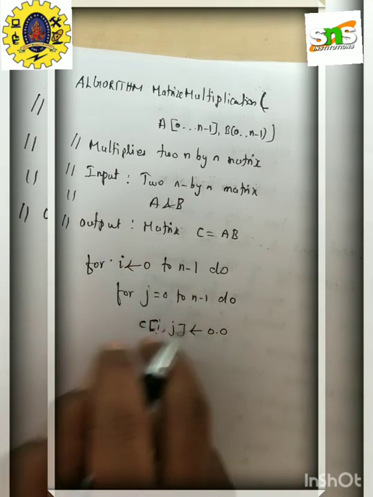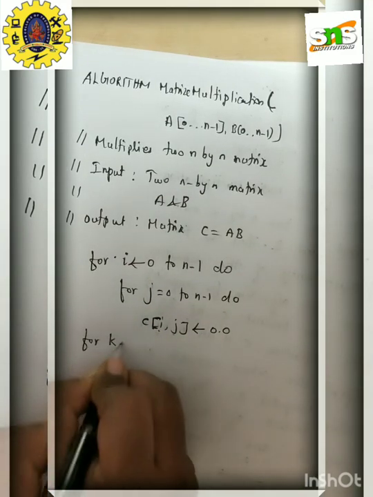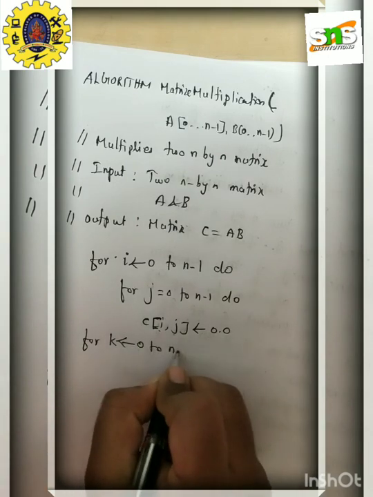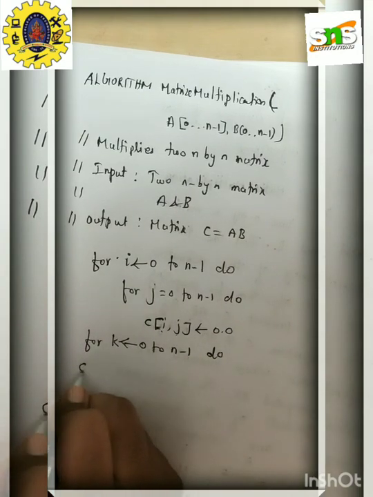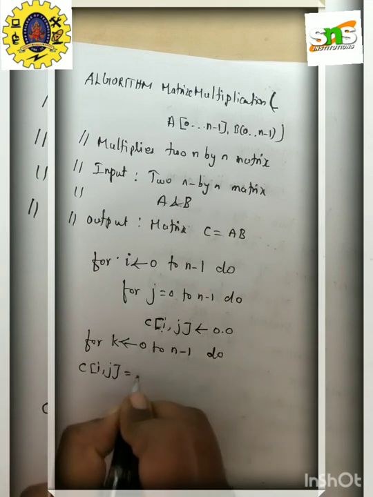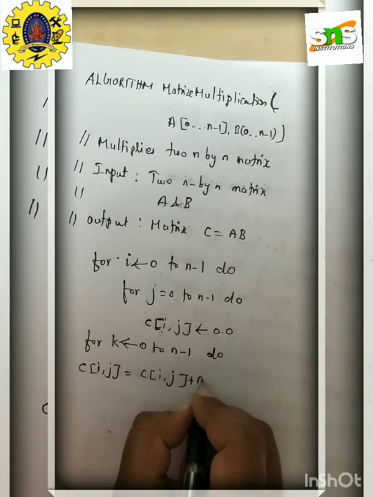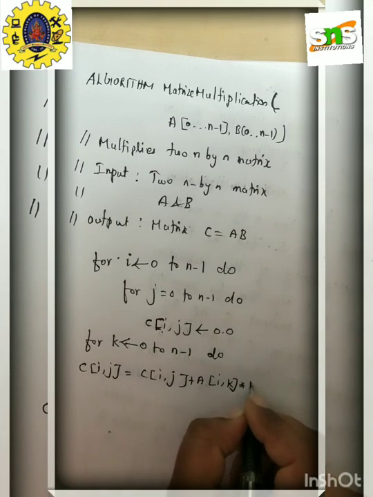Next, for multiplication, for k equal to 0 to n minus 1 do, C of I comma j equal to C of I comma j plus A of I comma k star B of k comma j.